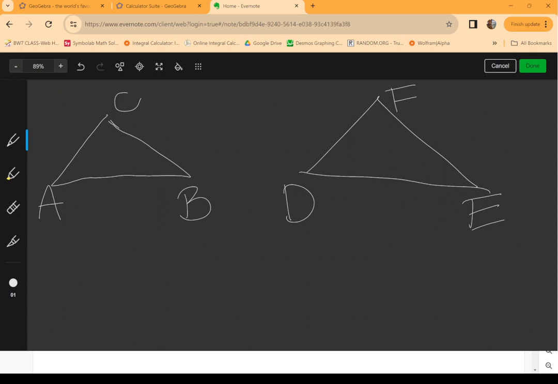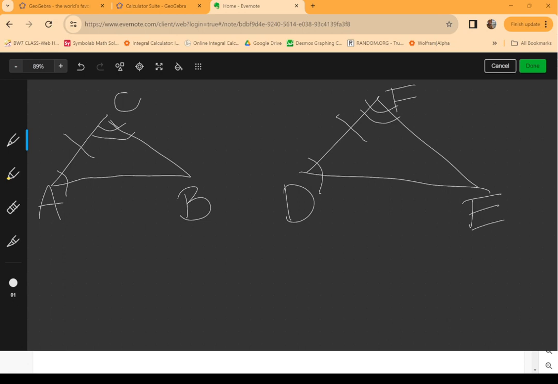All I know about these two triangles is that AC is congruent to DF, angle A is congruent to angle D, and angle C is congruent to angle F. That's all I know. I don't know anything about AB in relation to DE, or EF in relation to CB, or even angle B in relation to angle E. All I have are these two figures and these properties about them.